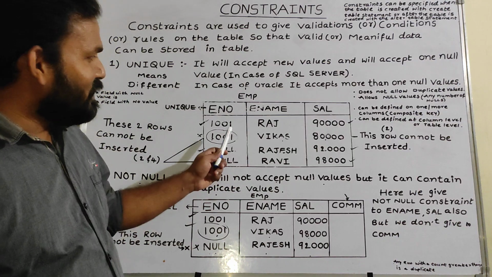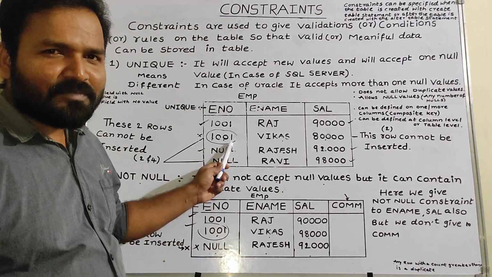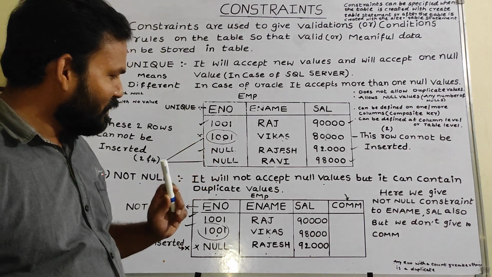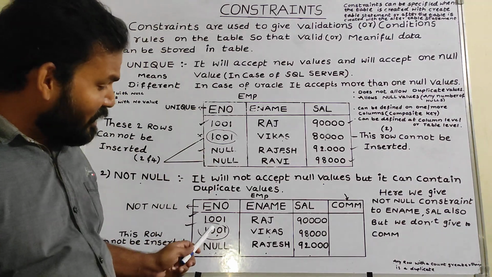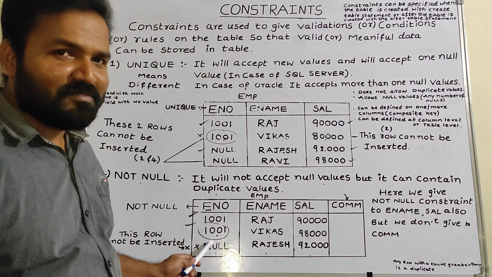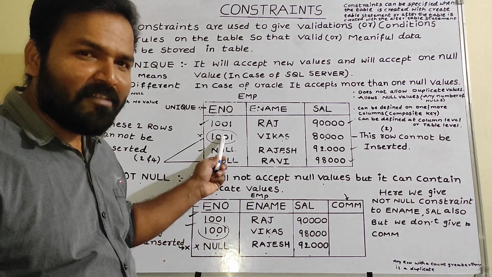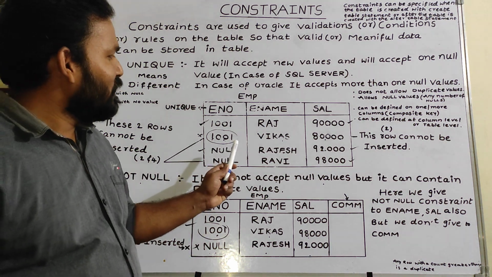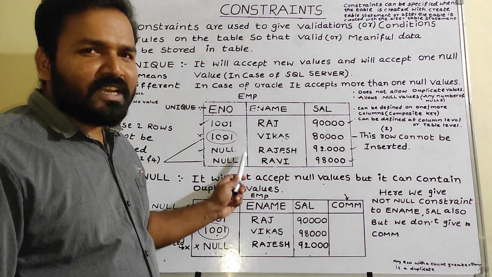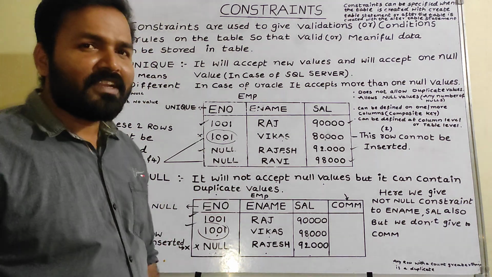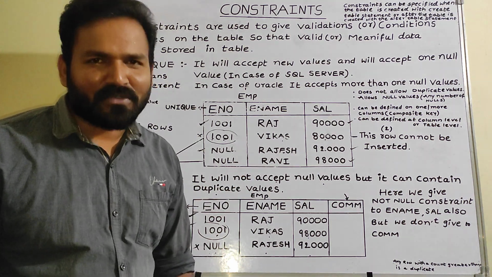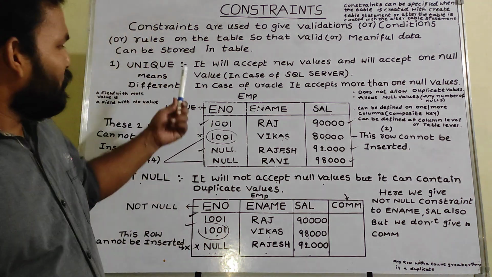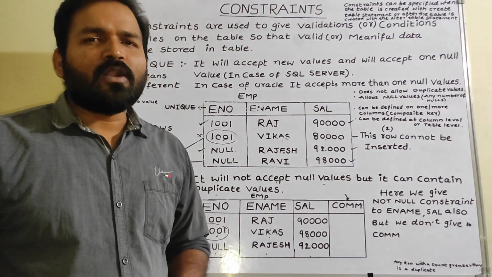The unique constraint does not allow duplicate values, while the not null constraint allows duplicate values. Here it allows null values, but here it doesn't allow null values. Don't get confused. So this is about the unique and not null constraints.